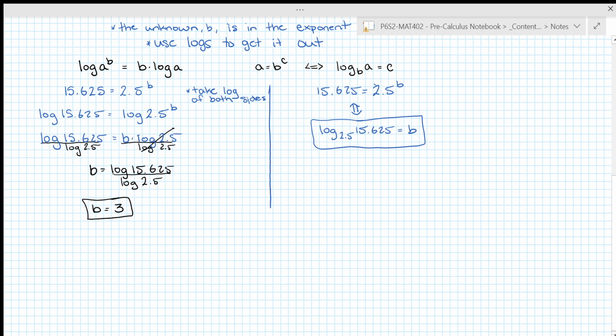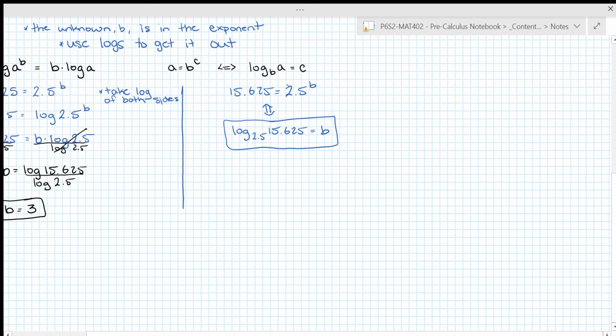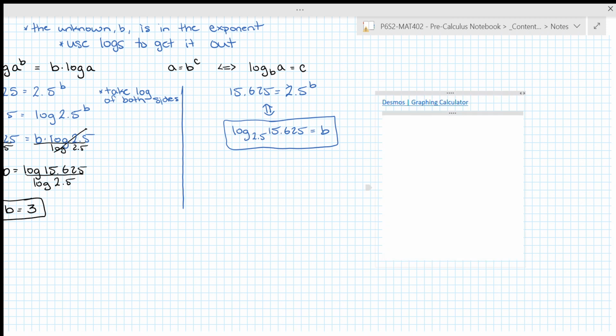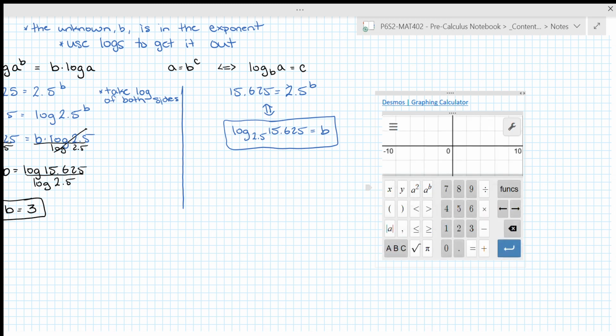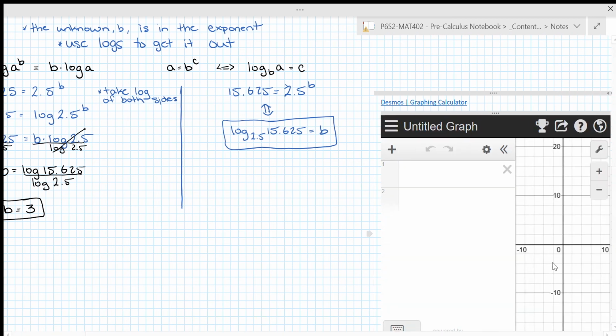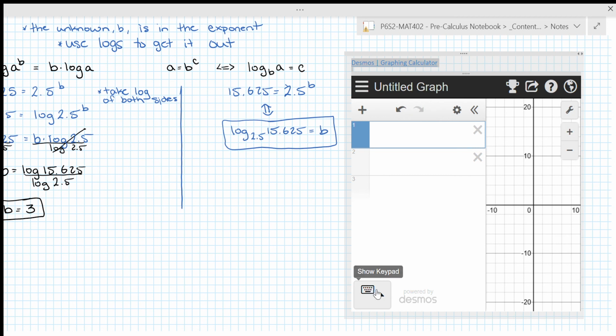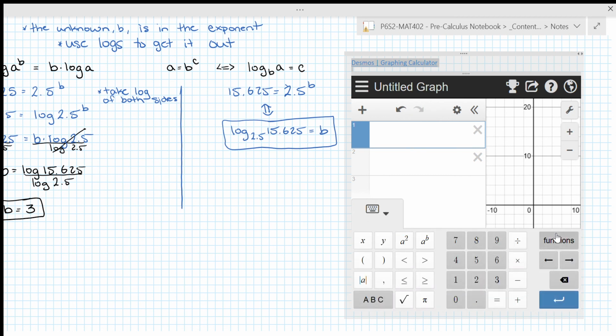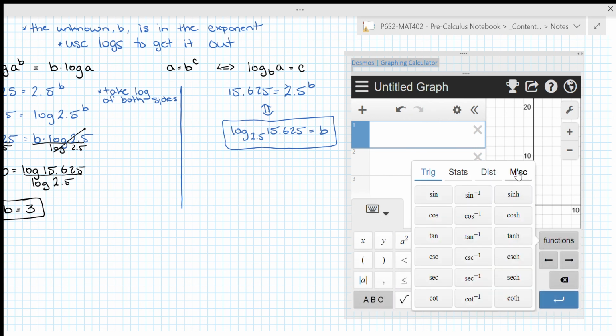And if you have a calculator that can do a base formula, which Desmos conveniently can, if I go here and open up Desmos, I can quickly show you where this is. If you hit the little show keypad, it's just one of the functions. In the miscellaneous section, this is where you find the logs.